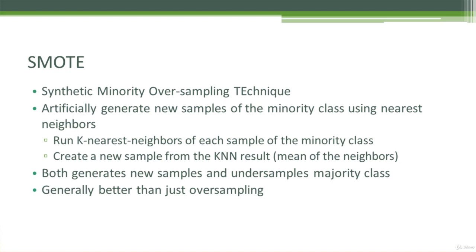So instead of naively making copies of other test cases for the minority class, we're actually fabricating new ones based on averages from other samples. Works pretty well. It both generates new samples and undersamples the majority class, which is good. This is better than just oversampling by making copies, because it's fabricating new data points that still have some basis in reality. So remember, if you're dealing with unbalanced data, SMOTE is a very good choice.